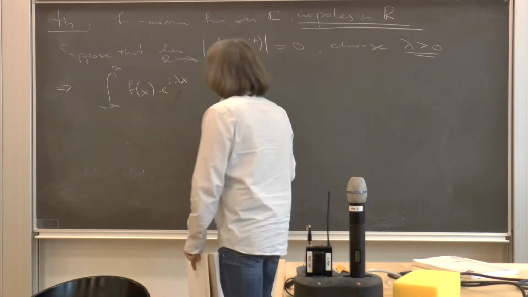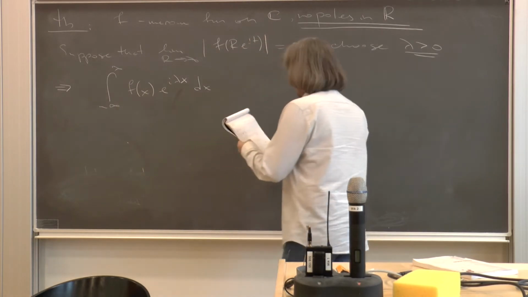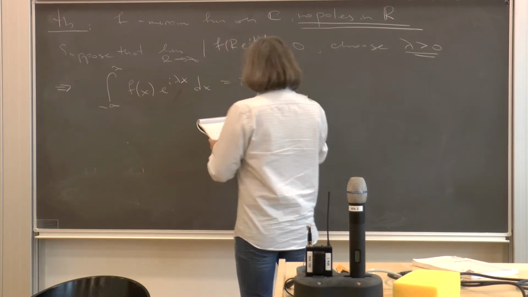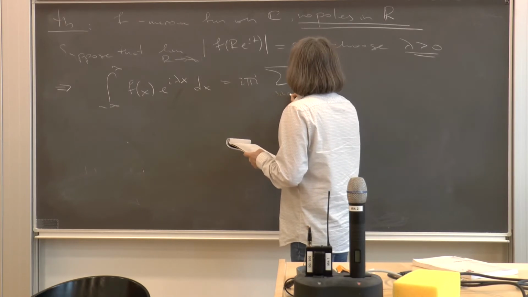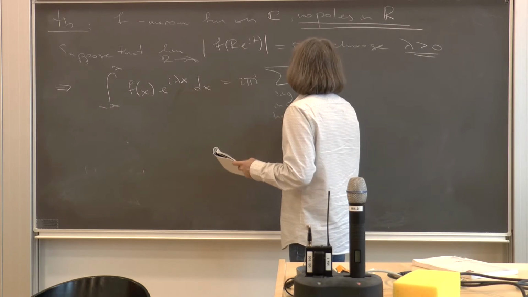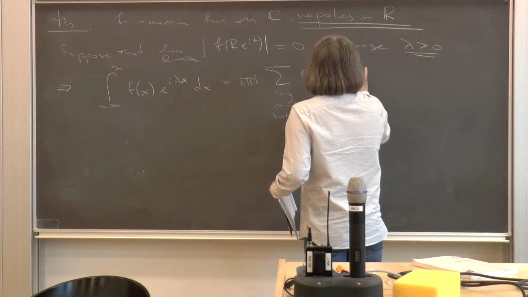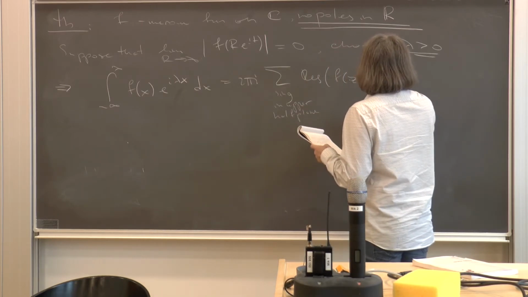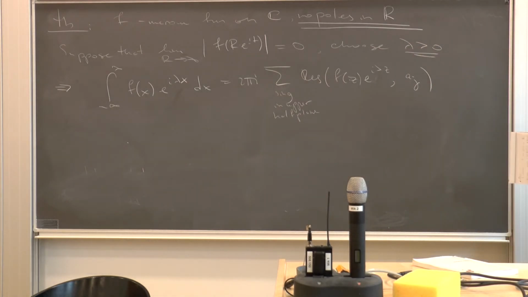But it equals 2 pi I times the sum of residues, so singularities in the upper half plane, residues of f of z times exponent I lambda z at a_j.